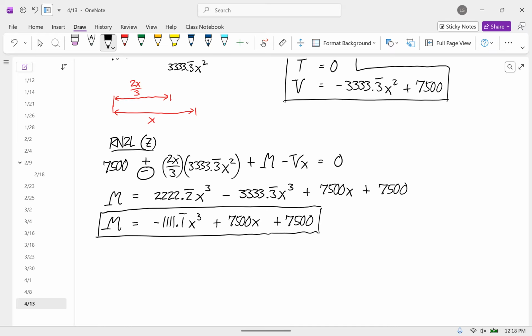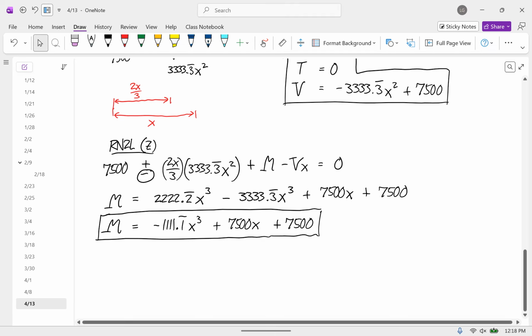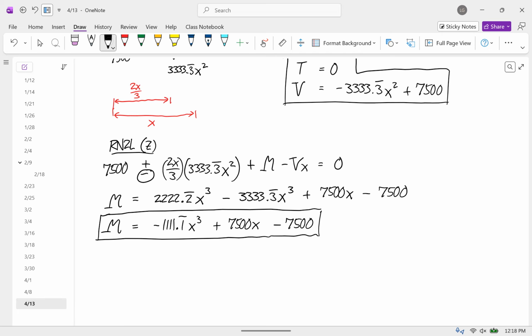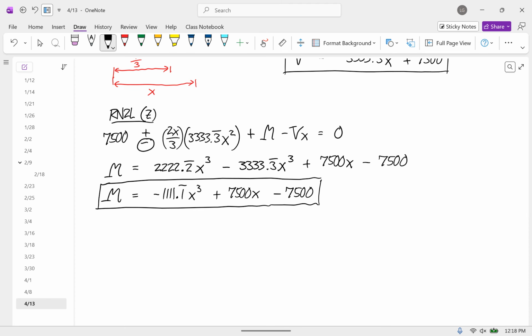I always know I did something wrong when like 5 hands go up at once. Those shouldn't be negative. Okay. I'm just making sure you're all paying attention. All right. Any other questions? Should the 222.2 x cubed be negative right above your answer?